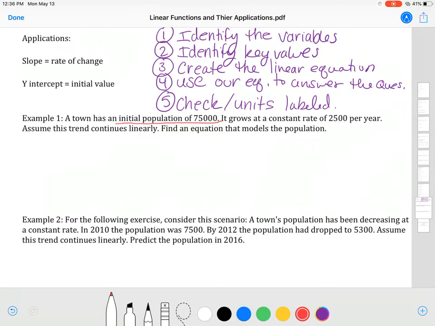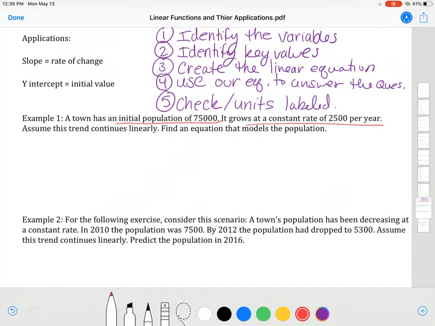Now the question goes on to say it grows at a constant rate of 2,500 per year. Here's another key piece of information. When you see constant rate or rate of change, those are also key words that give us important information to solve the problem.